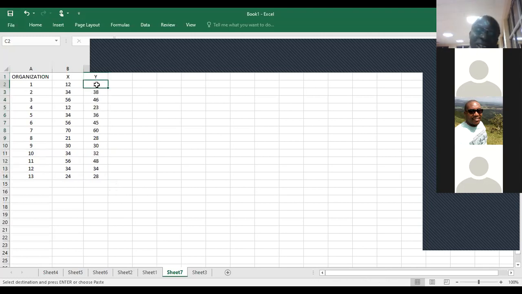But if this one here is nominal, two-level, like gender, male and female, or adoption of technology, adopt, don't adopt, where you probably want to know the factors that affect adoption, or defective, non-defective. If this one is two-level, then the model you'll be building will still be a regression model, but it is not multiple.